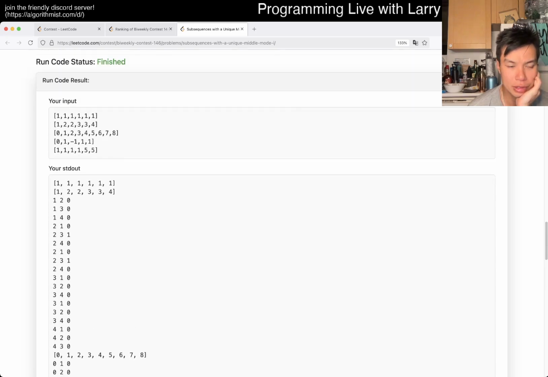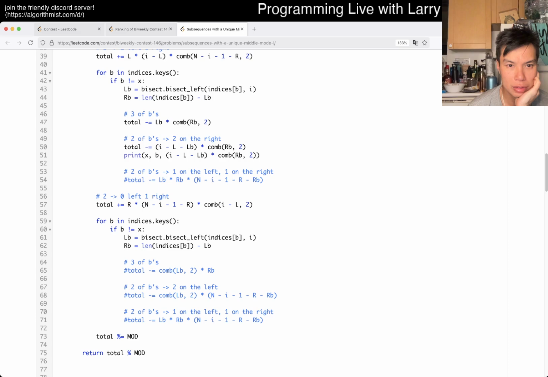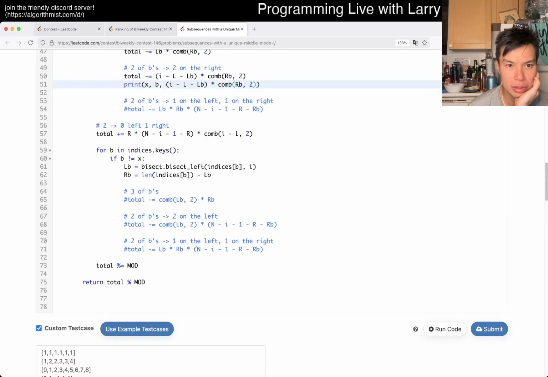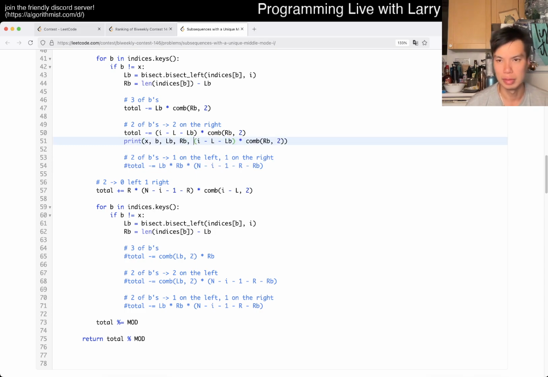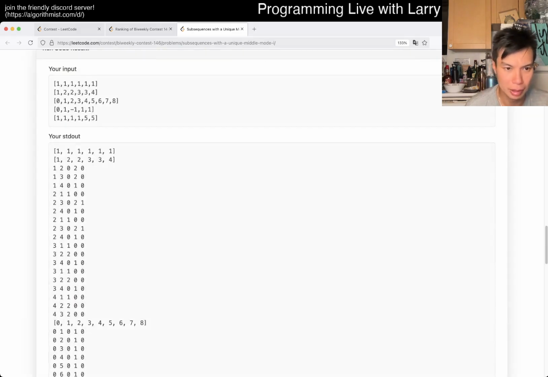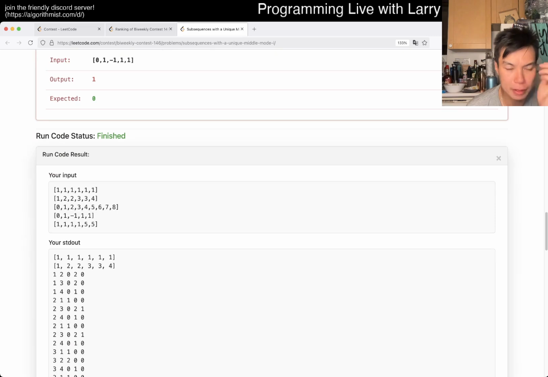Okay, so the 2 and the 3, there's 1. 2 on the right, and then there's this one, 1 on the left, 1 on the right. LP, what's LP? Maybe that's one. Silly mistake somewhere, I think. Okay, so the 2 and the 3.